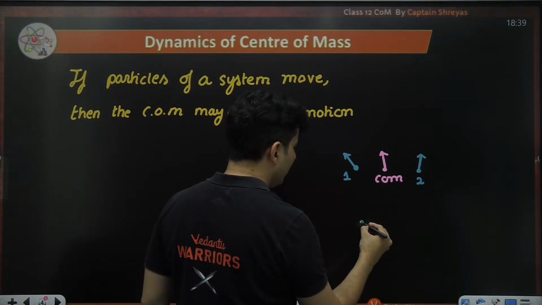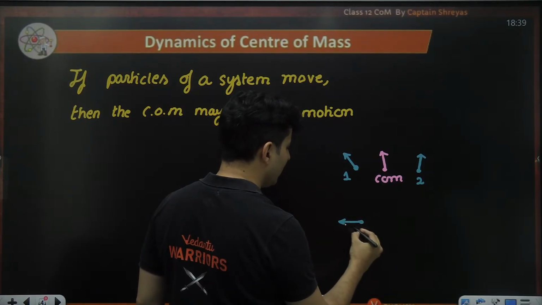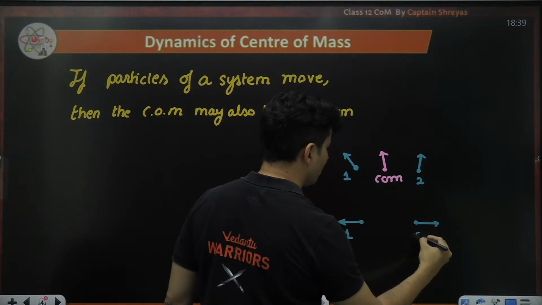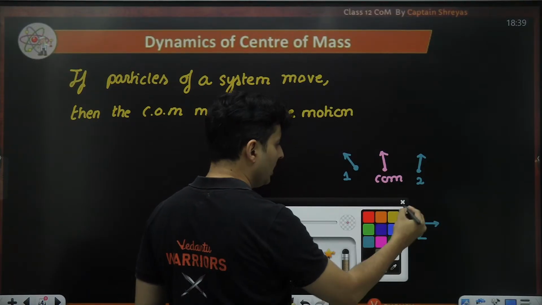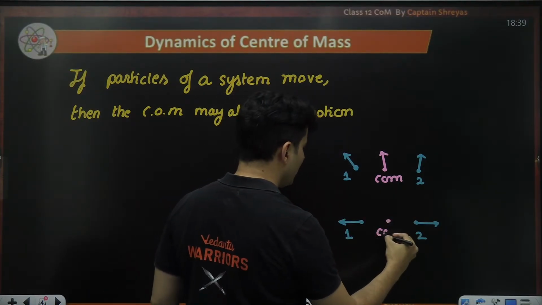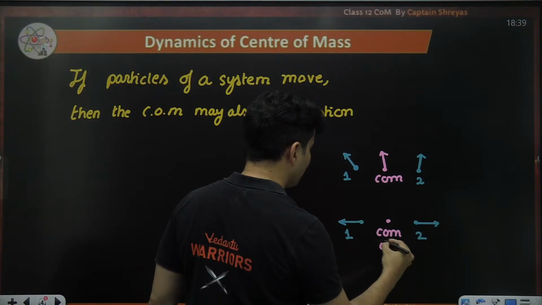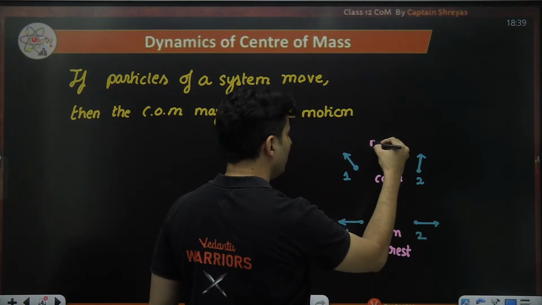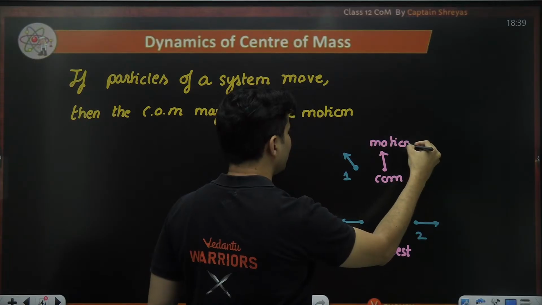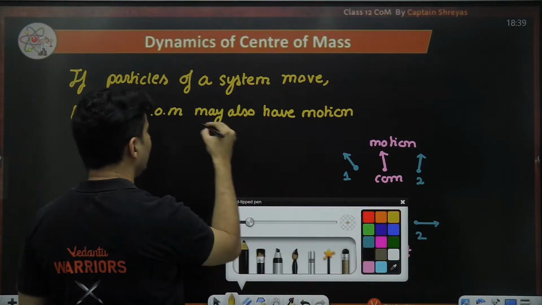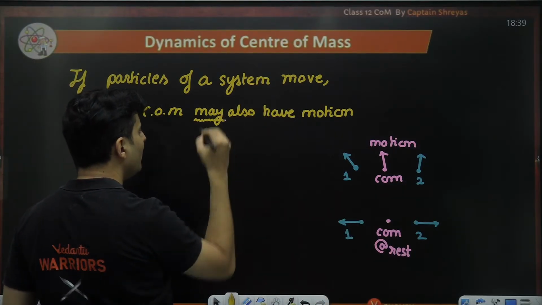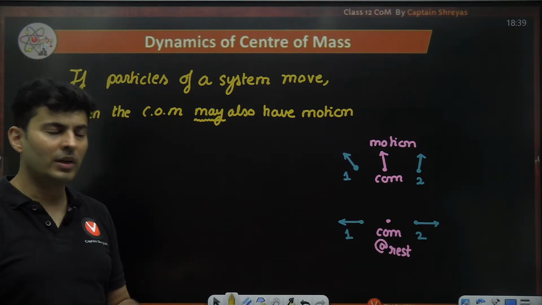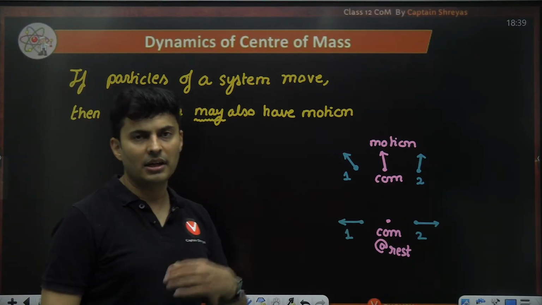Maybe particle 1 moves here, and particle 2 of the same mass is moving this side. Then possibly the center of mass could be at rest. The center of mass could be at rest, or it could be in motion. That is the reason why I have used the word may. May means it expresses a possibility that it could move, it could not move, depending on the scenario.